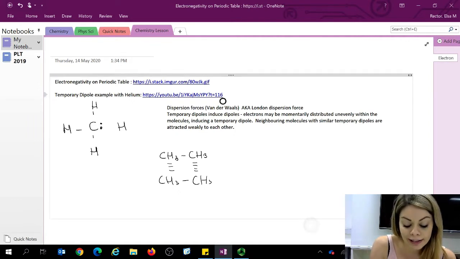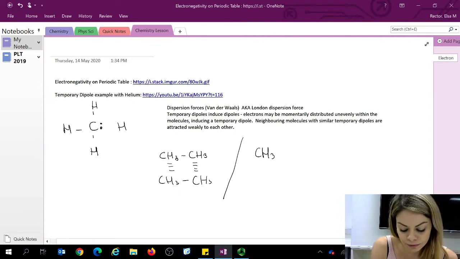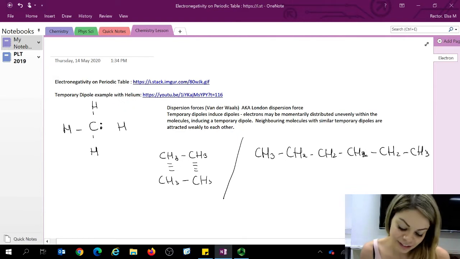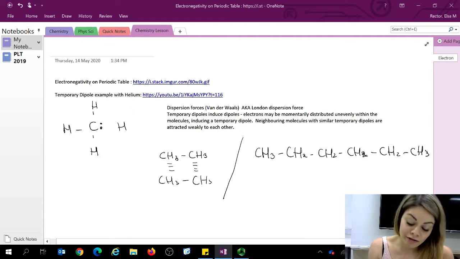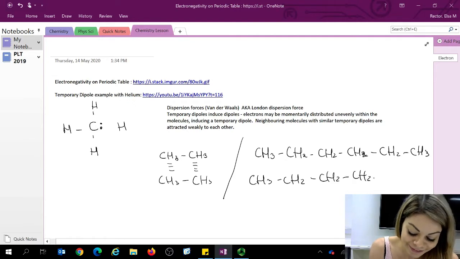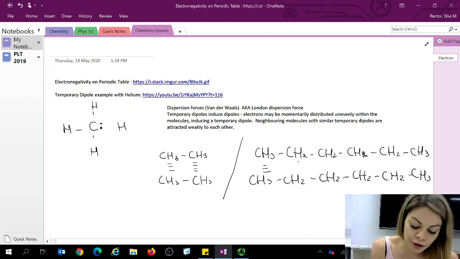Whereas if we look at hexane, now if we have another hexane to go with that, there's much more points of contact.